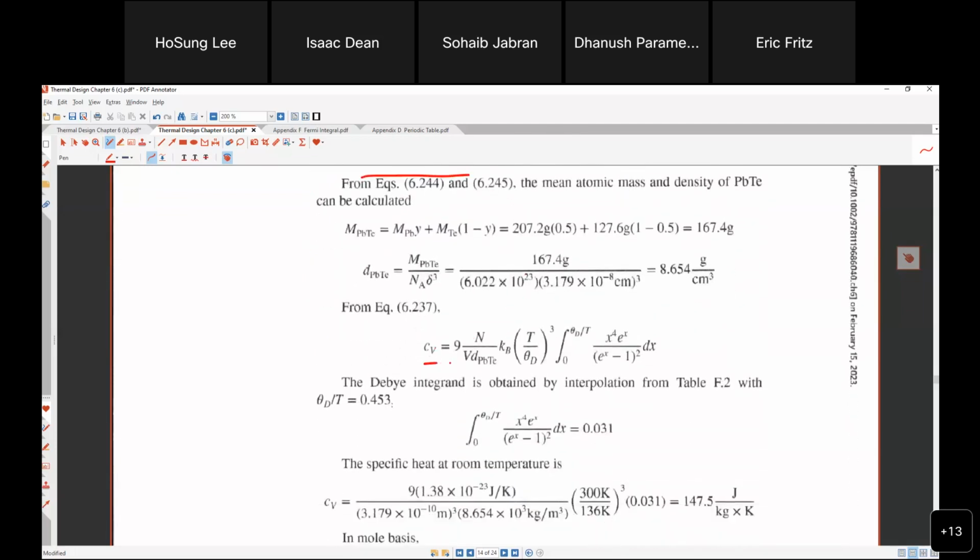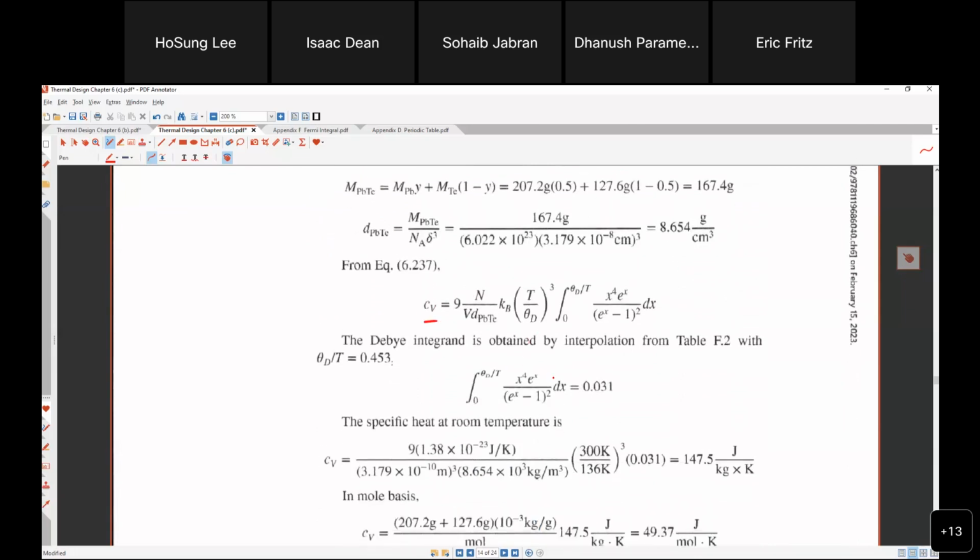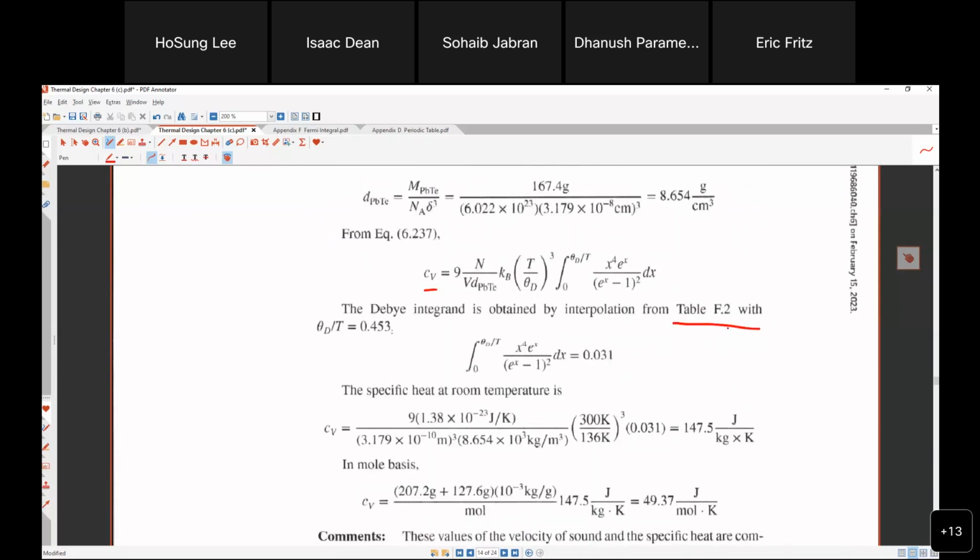And specific heat using the Fermi integral. Again, once it's integral forms, there is appendix F, similar, using the Debye temperature.